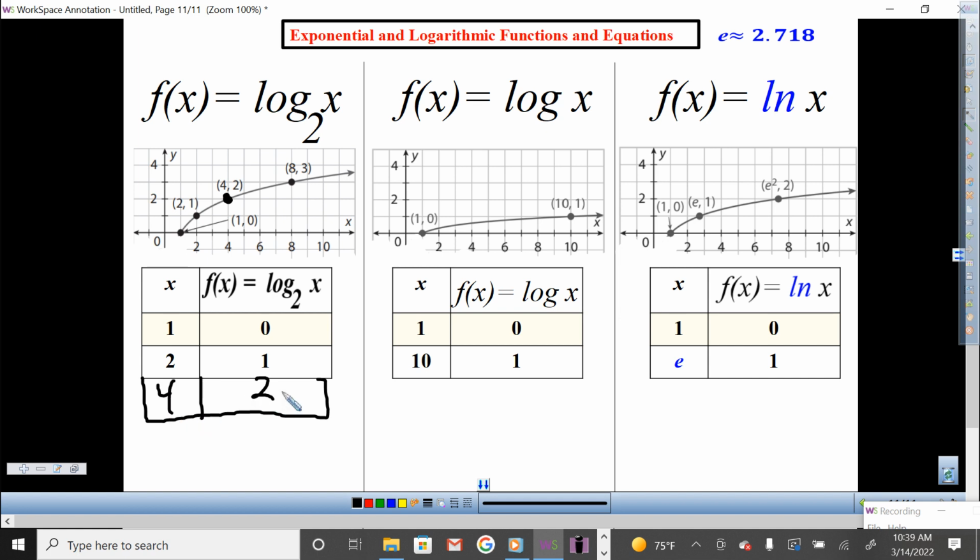So from now on, guys, when I ask you to graph this parent function, you're going to graph using 3 points, not 4 as it shows right here. I just gave you the 4 so you guys can see it. But from now on, you're only going to use this point, and this point. You guys get my point?